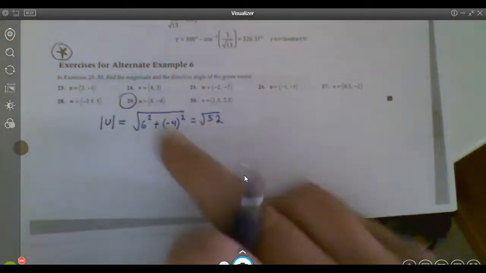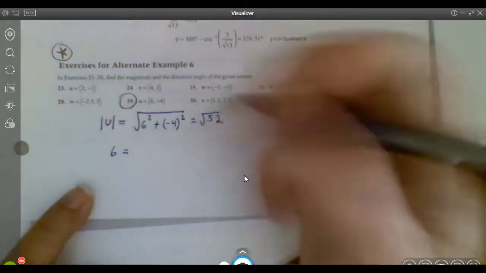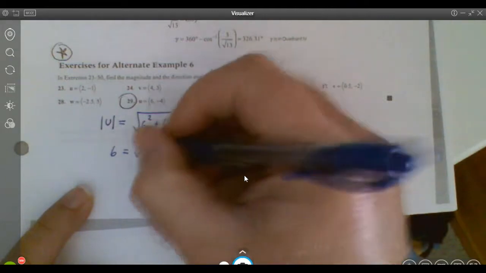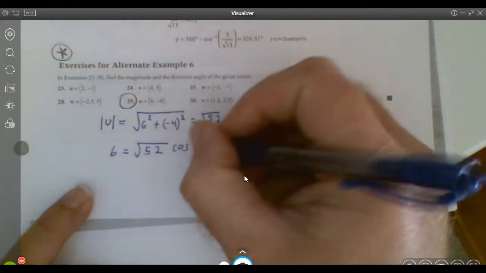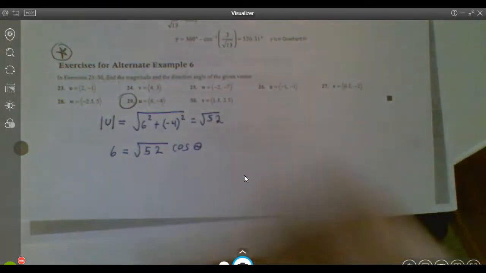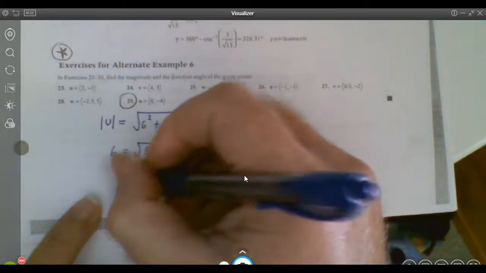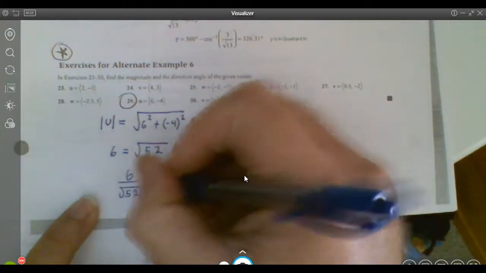So now, again, I'm going to say that 6 is equal to magnitude cosine theta. And that's the setup we're using to solve for our missing angle here. So if I divide this guy over, so 6 over rad 52 is equal to cosine theta.